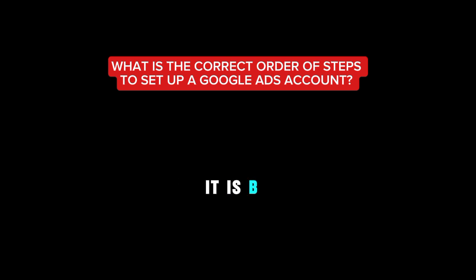It is B. And let this one really stick. Linking does 2 critical things. It lets Google Ads pull your YouTube videos directly into your campaign as creatives. Without it, you cannot use your own videos as ads. And it unlocks channel-level tracking, so you can measure exactly what your paid campaigns are driving.